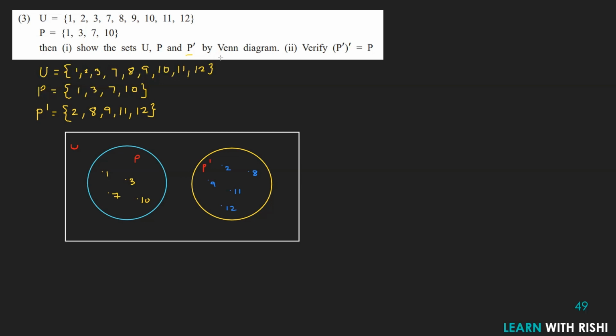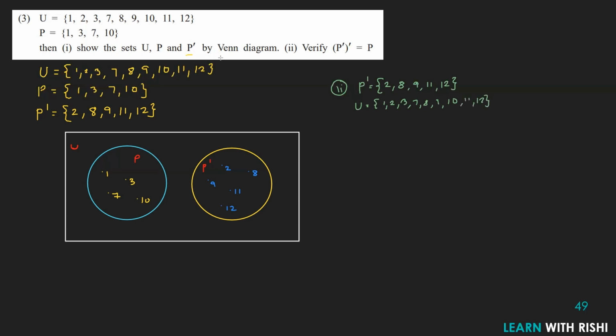Now we will verify the second question: verify whether the complement of P complement is equal to P. First we'll write set P complement. There are the elements 2, 8, 9, 11, 12. And our universal set is 1, 2, 3, 7, 8, 9, 10, 11, 12.